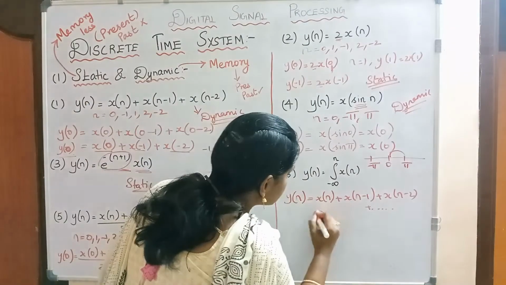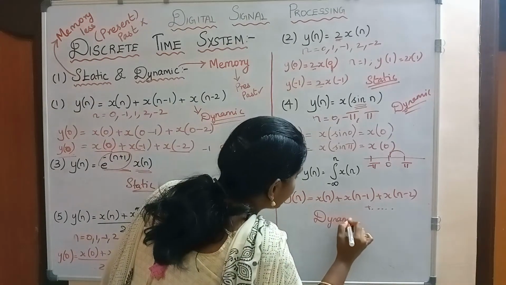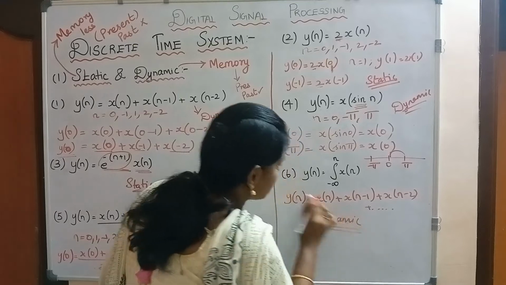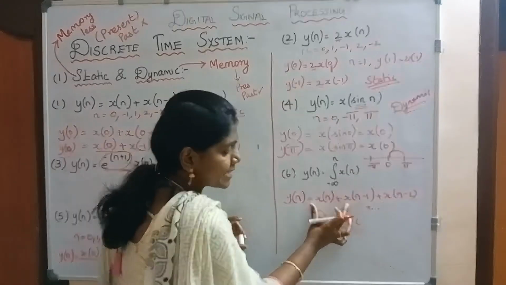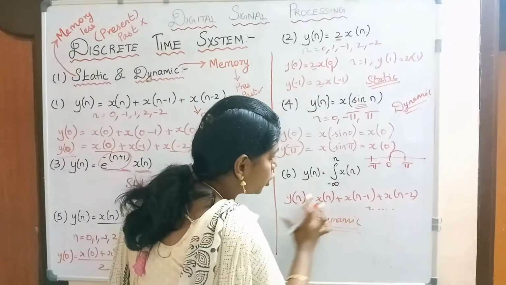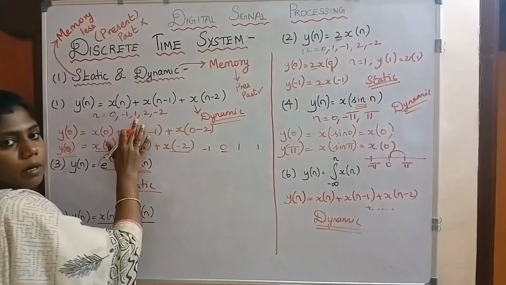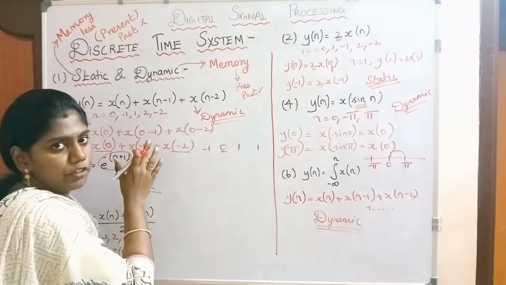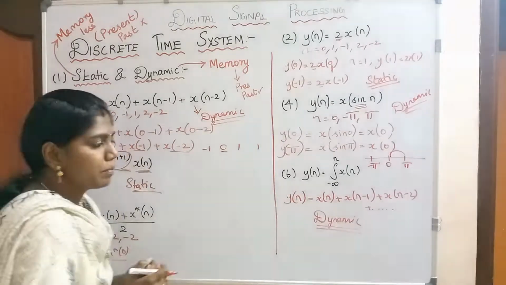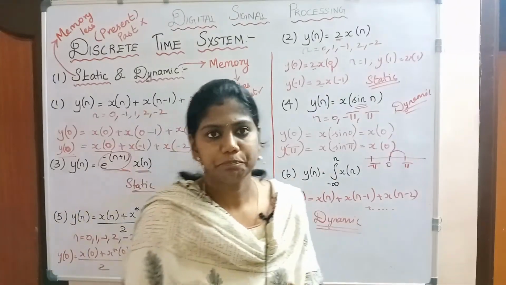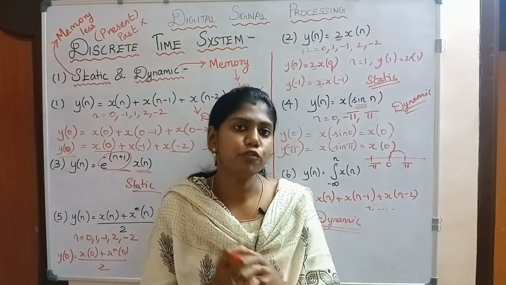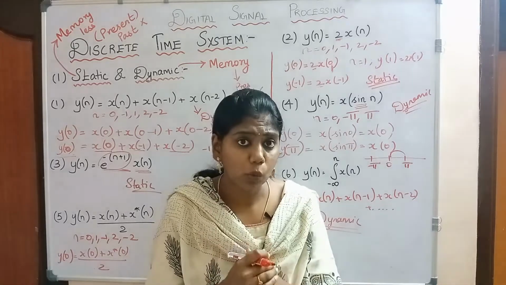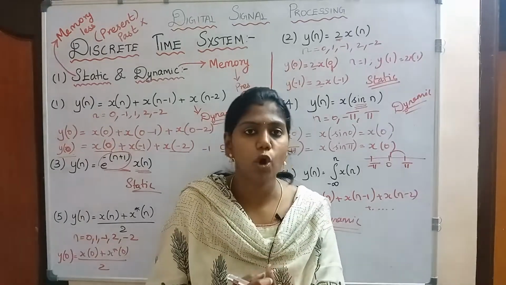So same, this is a dynamic system. I had written this because I wanted you to know we can resolve this summation like this. This particular thing is similar to problem number 1. We had already solved it. You can refer to it. So it is very easy. So now we understand how to find whether the given system equation is a static system or a dynamic system.